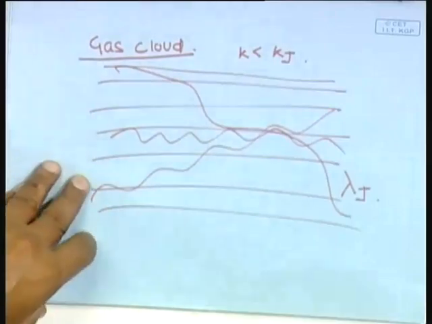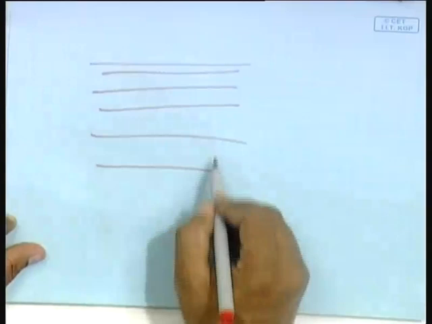Finally, before ending today, let me give you a physical picture of where this Jeans length scale comes from. Let us consider a medium over here. In this medium, I have put an overdensity.